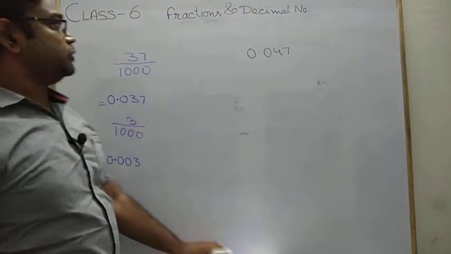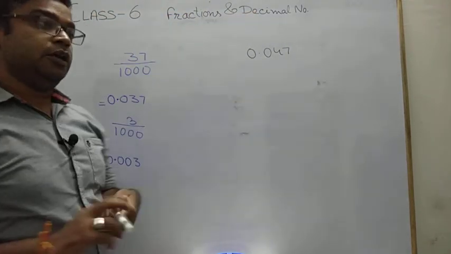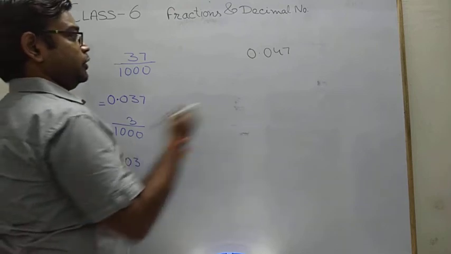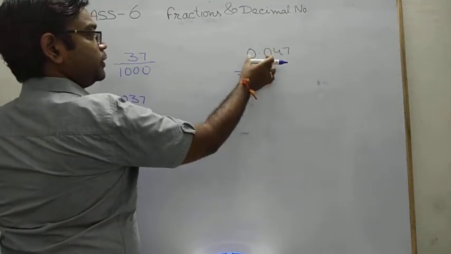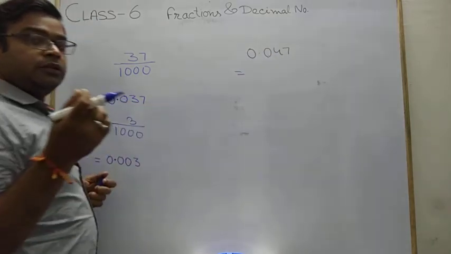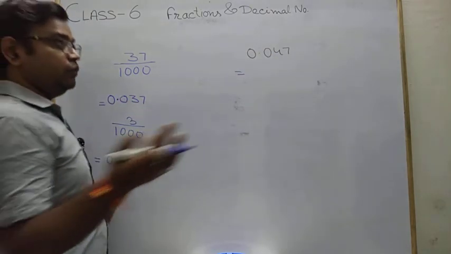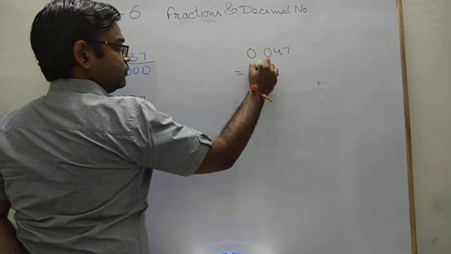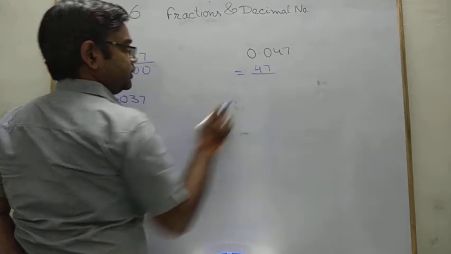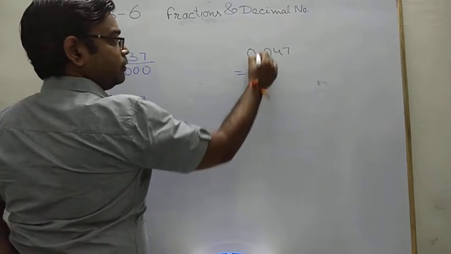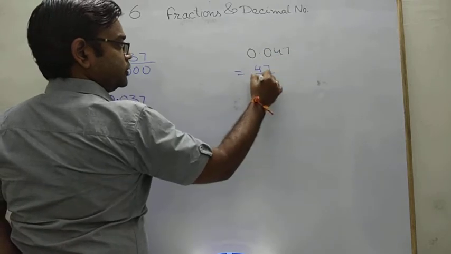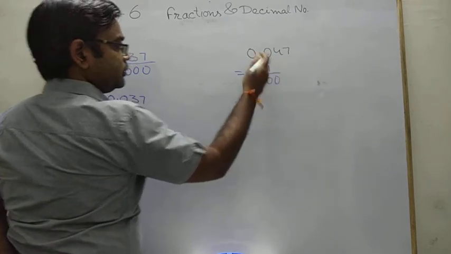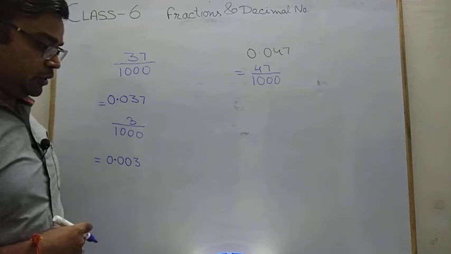What I told you: first write down the complete digits, since a 0 in front of any number has no value. So write down 47, only the numbers. Clear? Then for this decimal we write 1 and 1, 2, 3, so there are 3 zeros. Clear? This is your solution.